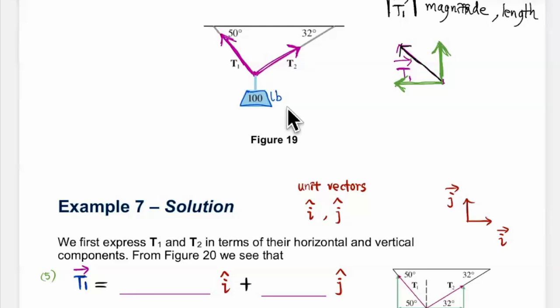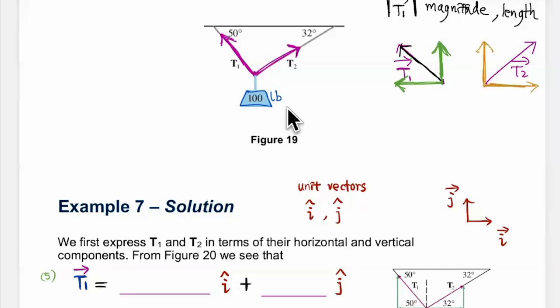Now for T2, you also try to break it into 2, right? So this is T2. And then you can break it into 2 components, one along the X and then one along the Y direction, right?